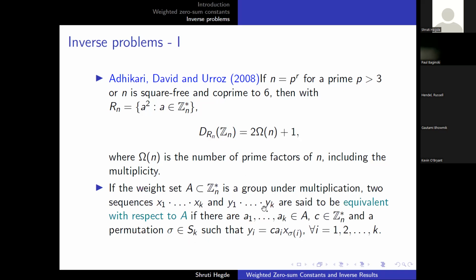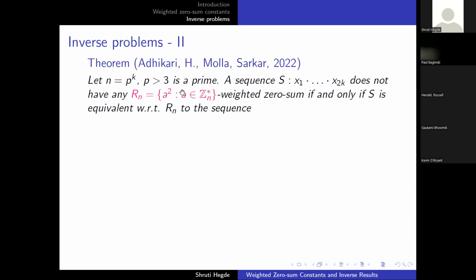So once these two sequences are equivalent with respect to A, one can check that this sequence has an A-weighted zero-sum subsequence if and only if this has one. So whenever we have A as a subgroup of Z_n star, it is enough to characterize A zero-sum free sequences up to equivalence. Since here R_n is an example of such a weight set, we'll characterize R_n zero-sum free sequences up to equivalence.